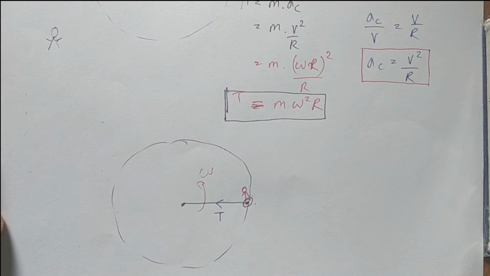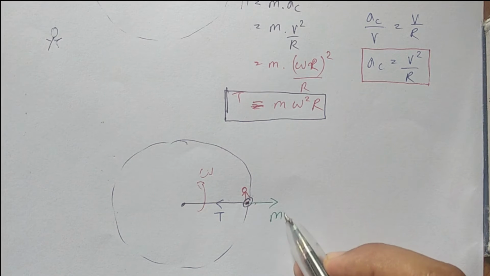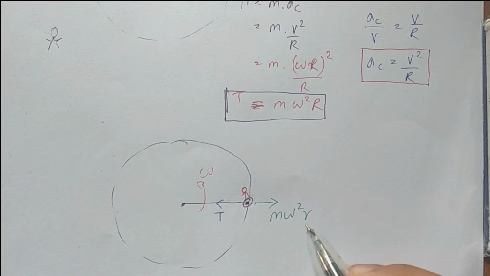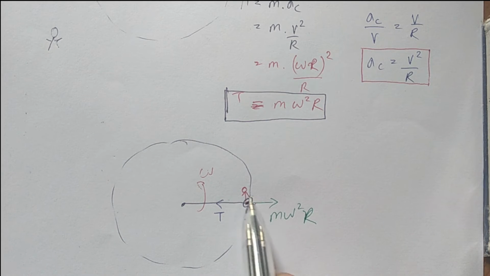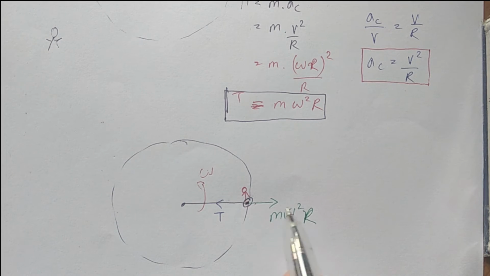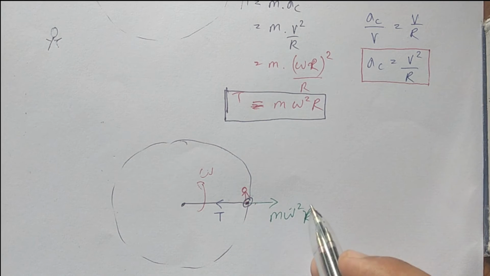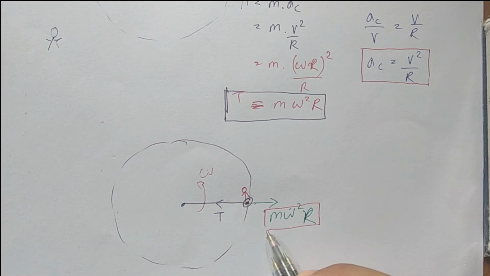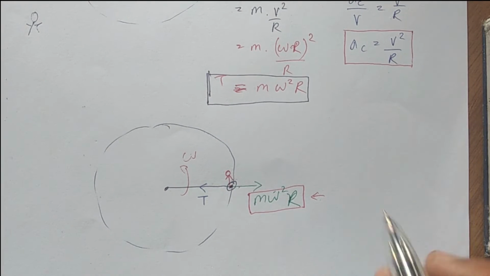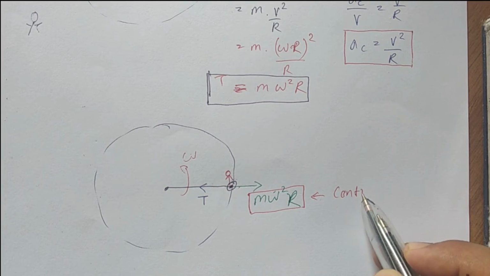So we have to take the concept of pseudo force and say that there is a pseudo force, whose magnitude is also equal to m omega square r, acting on this object, which is balancing the tension force that is acting towards the center. So this force that we have introduced is nothing but the centrifugal force.